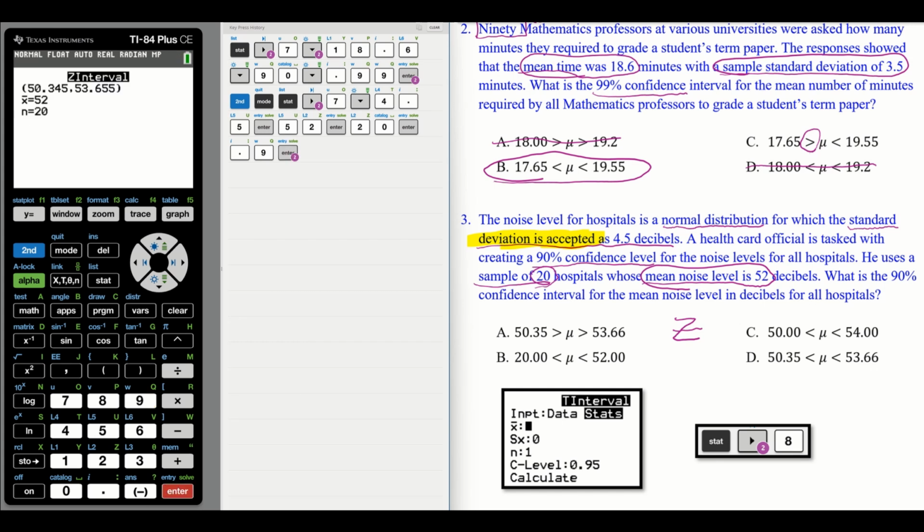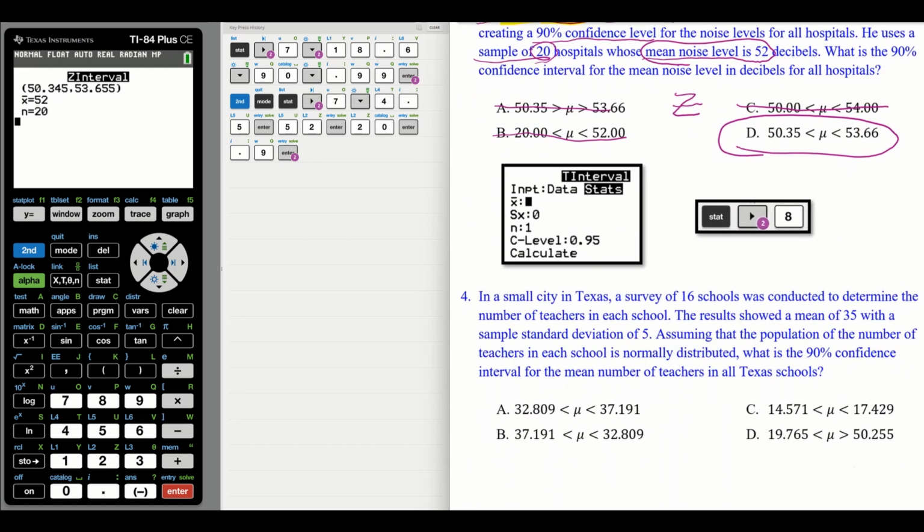All right, we can get rid of these. That doesn't make sense. So those won't work. Now let's be careful. Same thing. I like D because it makes sense. You can't have 50 being greater than 53. That doesn't make sense.